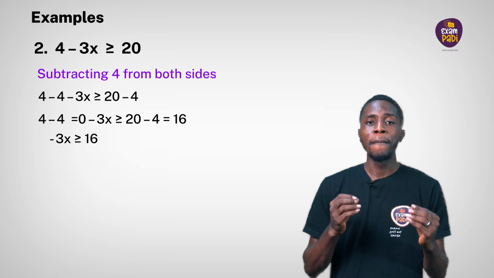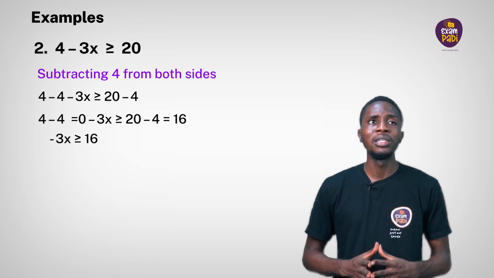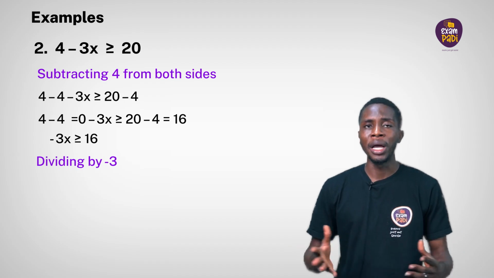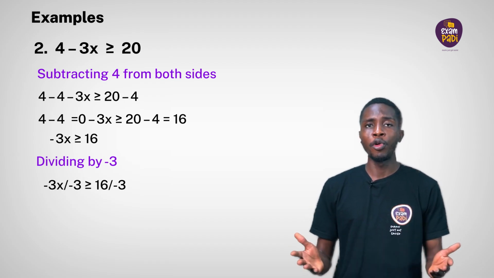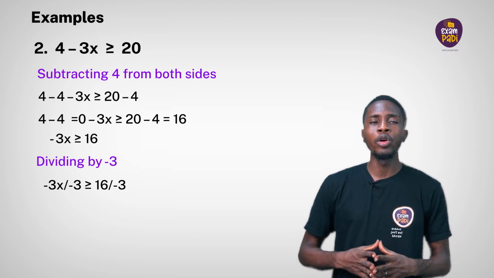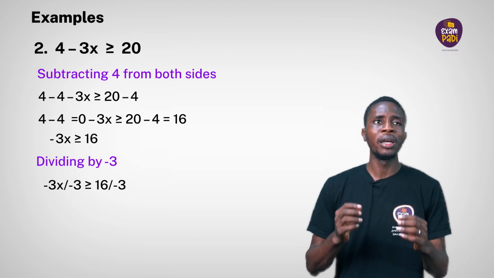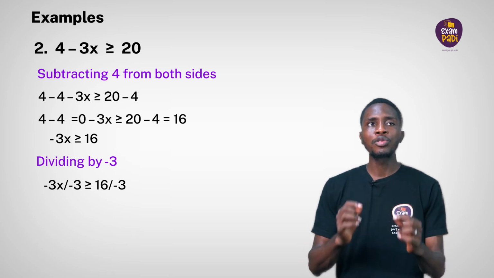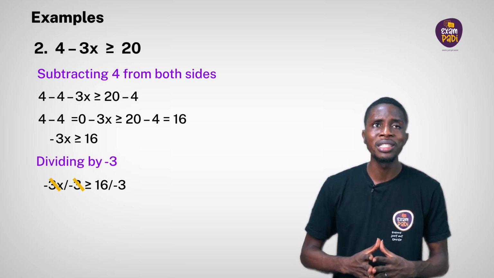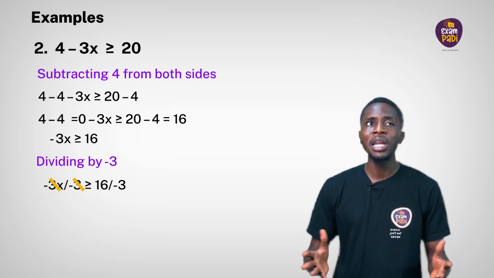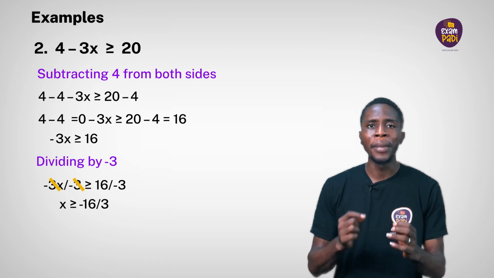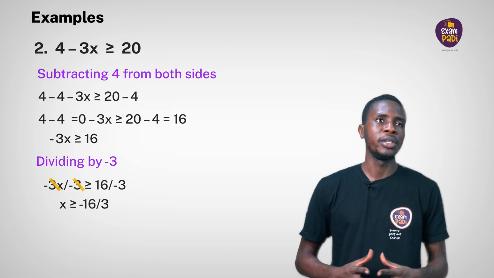Therefore, we are left with minus 3x greater than or equal to 16. Divide both sides by minus 3. Therefore, we have minus 3x divided by minus 3 greater than or equal to 16 divided by minus 3. As soon as you divide by minus 3, you must change the inequality sign. Our final answer will be x less than or equal to minus 16 over 3.